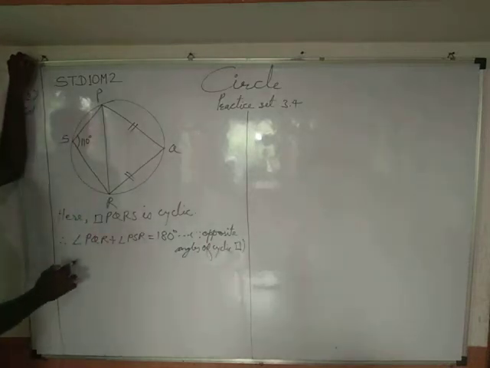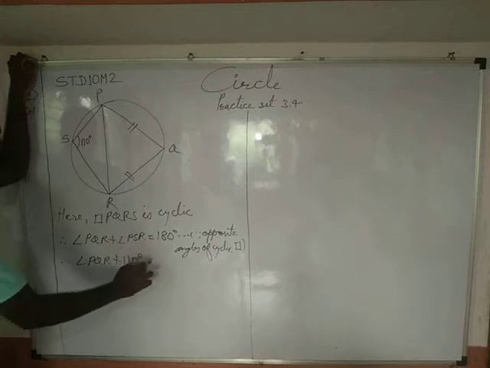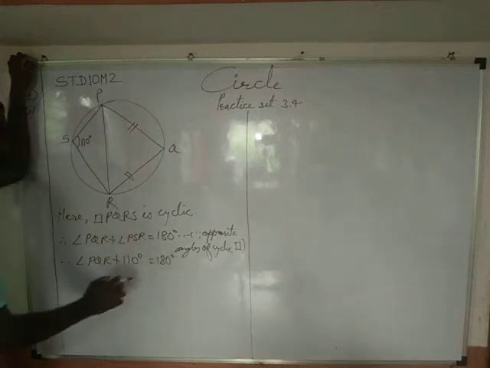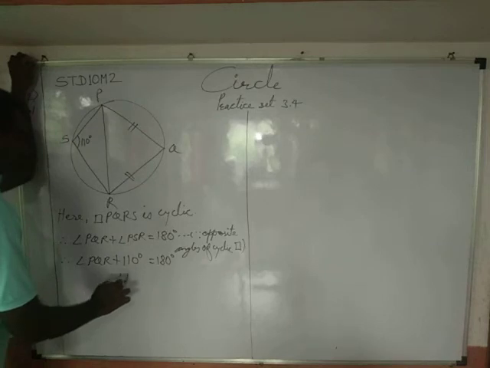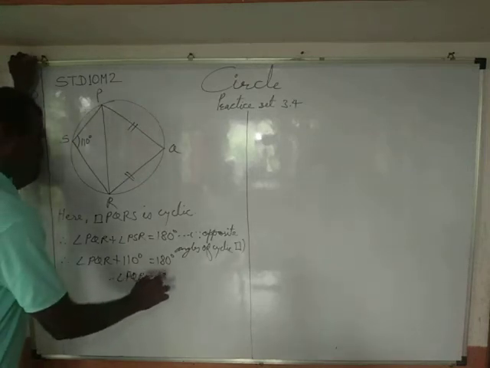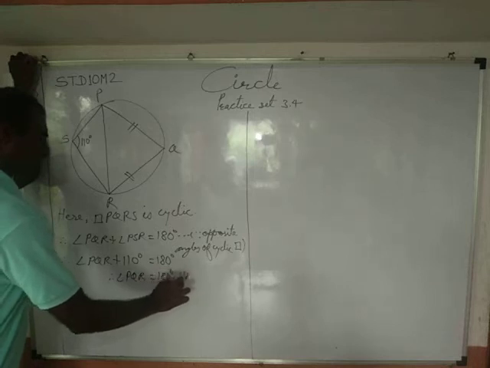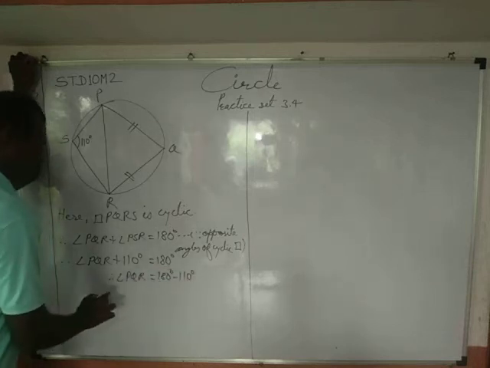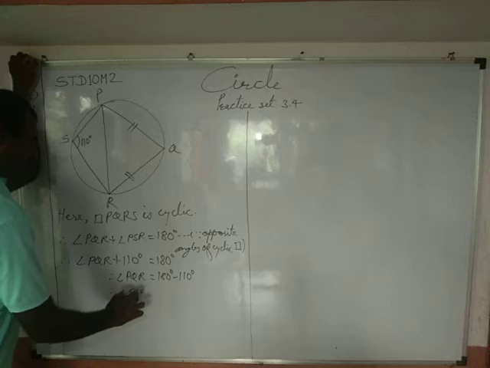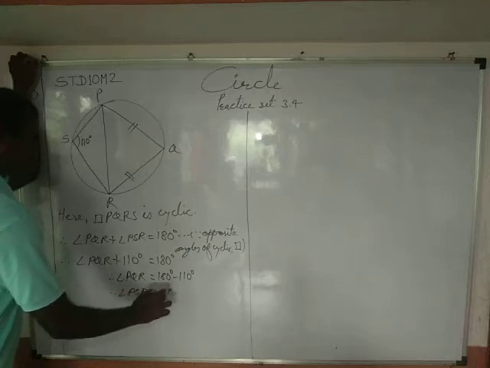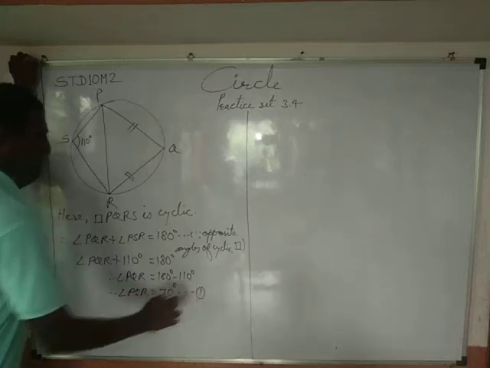Therefore angle PQR plus 110 degrees equals 180 degrees, and therefore angle PQR equals 180 degrees minus 110 degrees. Therefore angle PQR equals 70 degrees. Let's call it equation first.